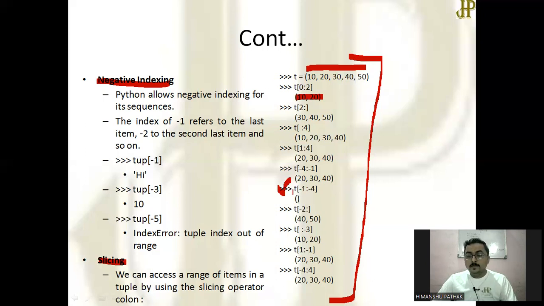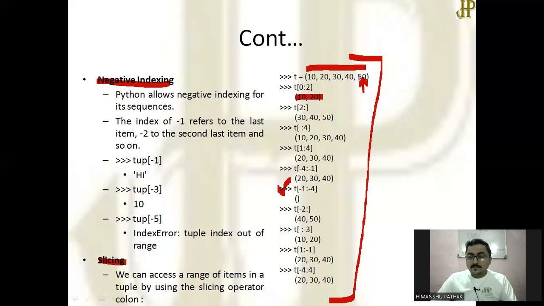What I am going to try is to fetch with the starting value at the minus 1th position. What it means is I want to start fetching elements from here, 50, and move towards minus 4.